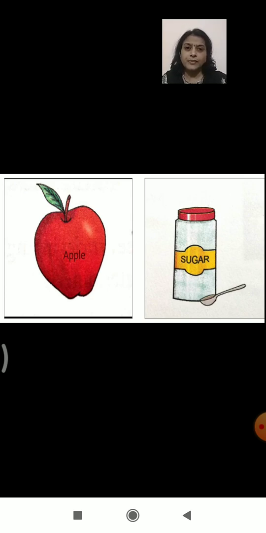Now here, can you count the apple? Yes, of course. You can see here. How many are there? One, right? So you can count them. Now in the next picture, it is the sugar. Can you count sugar? You can see there is one jar of sugar.